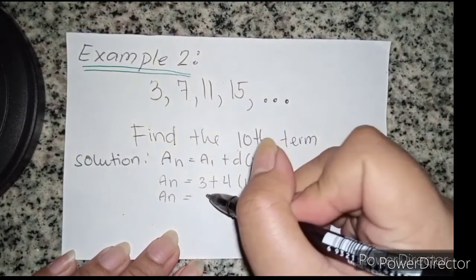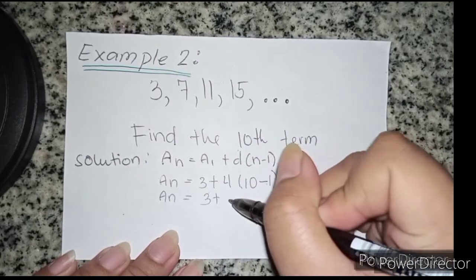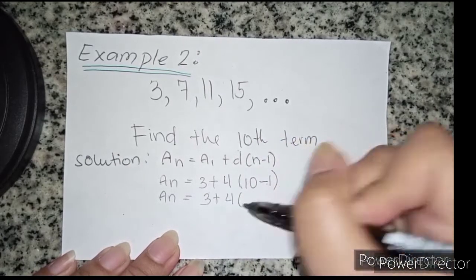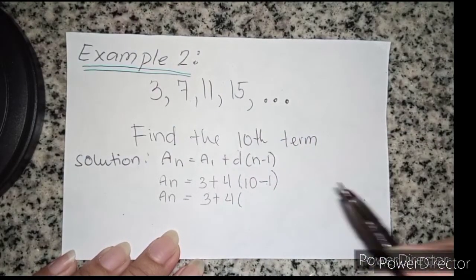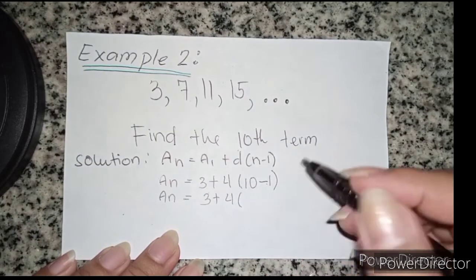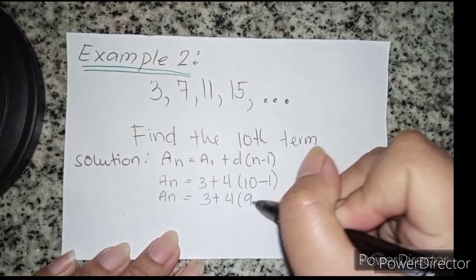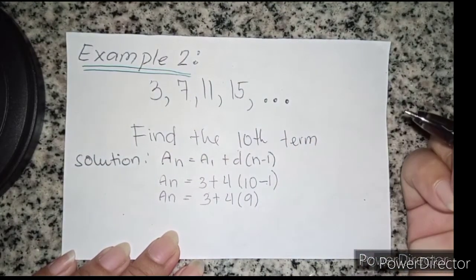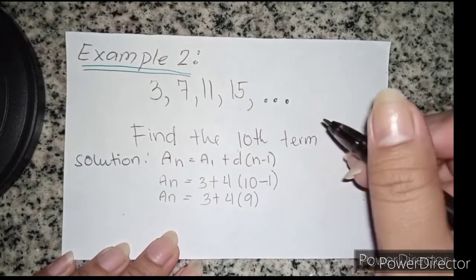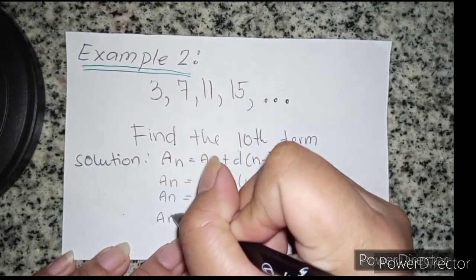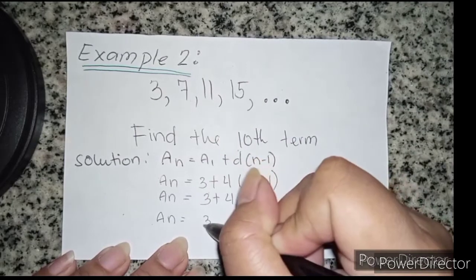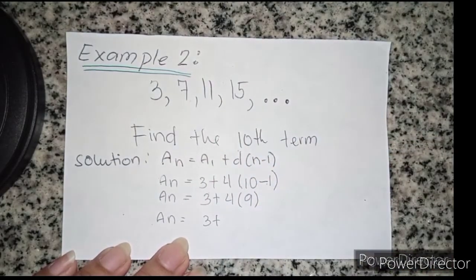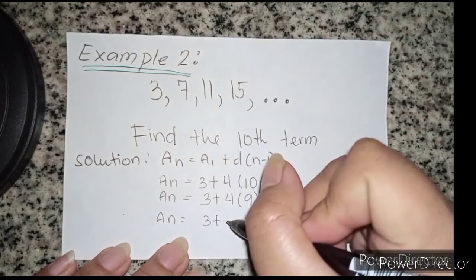Okay. So 3 plus 4, open parenthesis, 10 minus 1 is 9. Next, copy an. So 3 plus 4 times 9 is equal to 36.